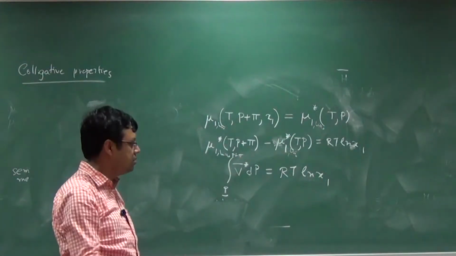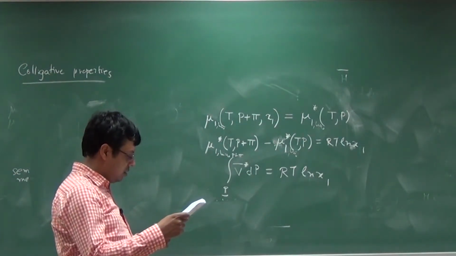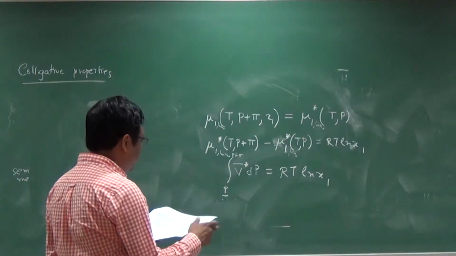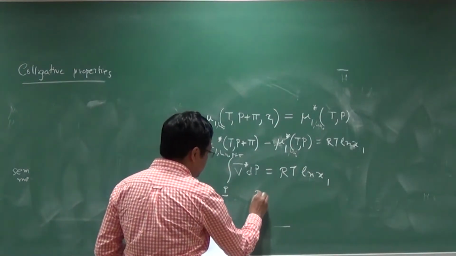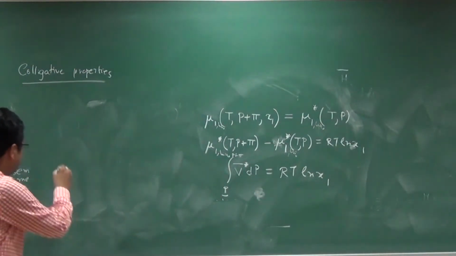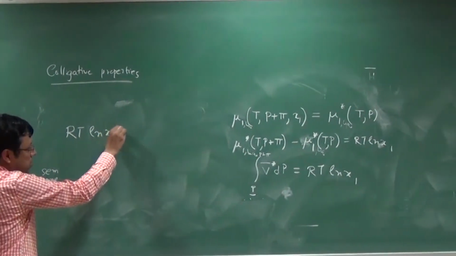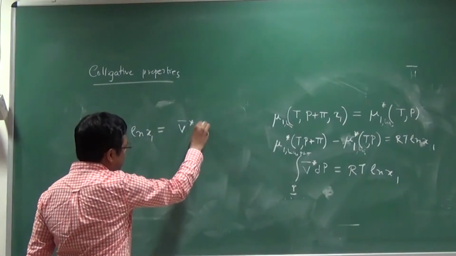I'm just using the same notation. So what we have here is RT ln X1. This is a correct form, let's write it here, but we can make some approximation right now. RT ln X1 is nothing but V bar star into pi. Right?